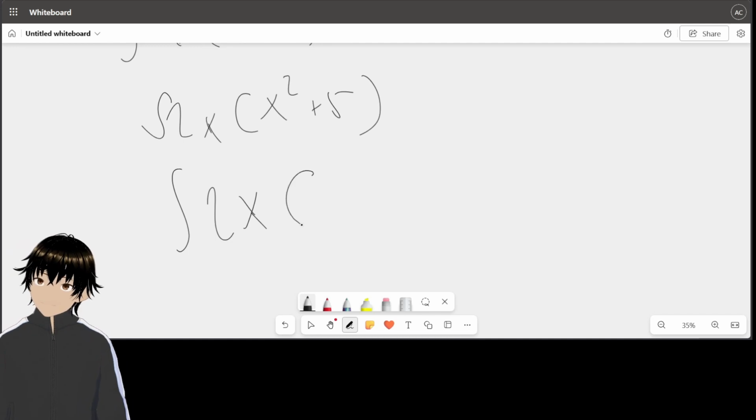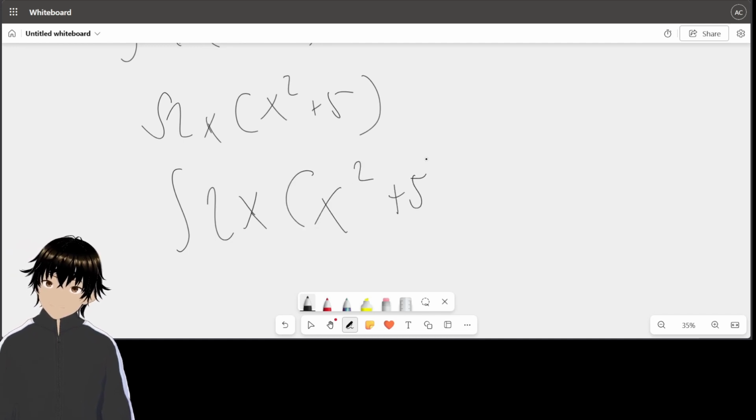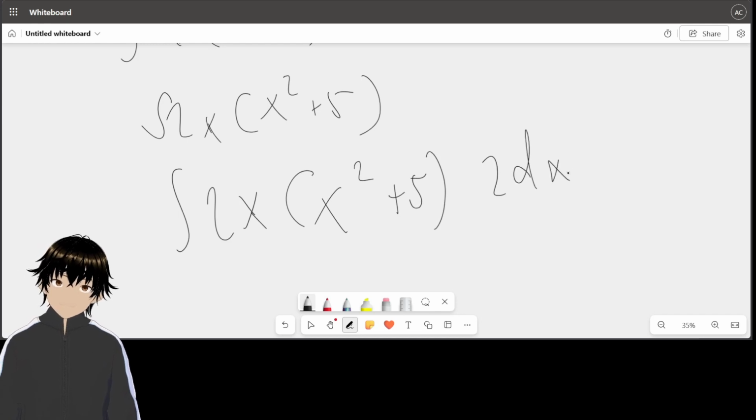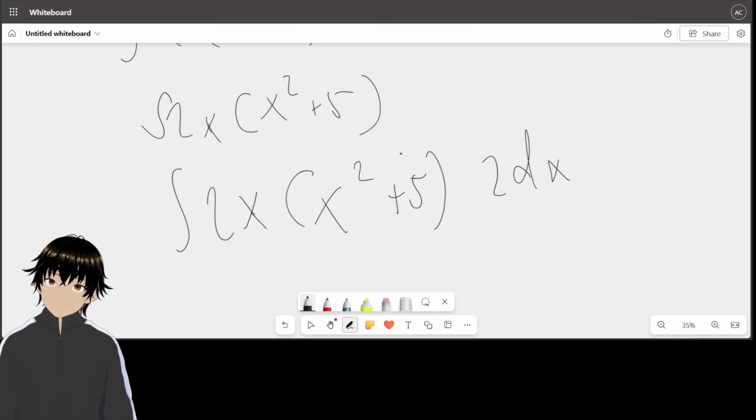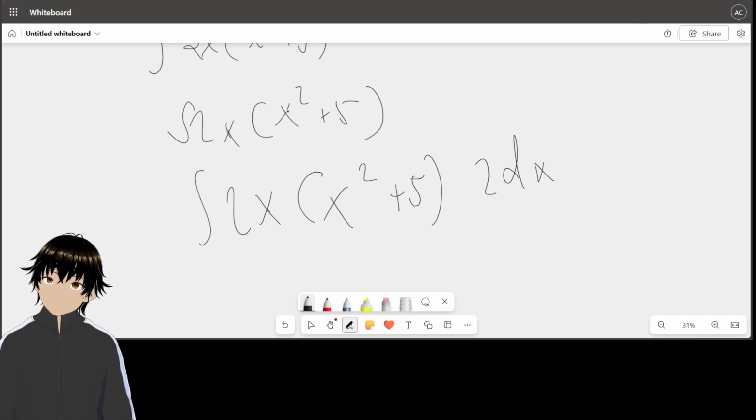Okay. So we have x squared. Let me just see if my thought process prevails here. If not, then I'm just going to use g of x.